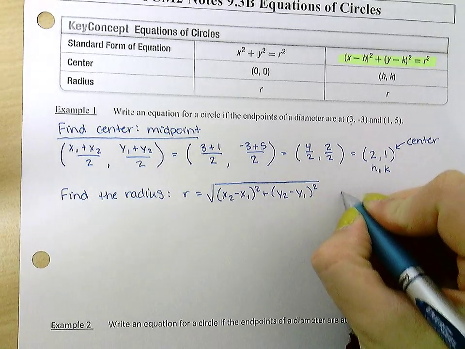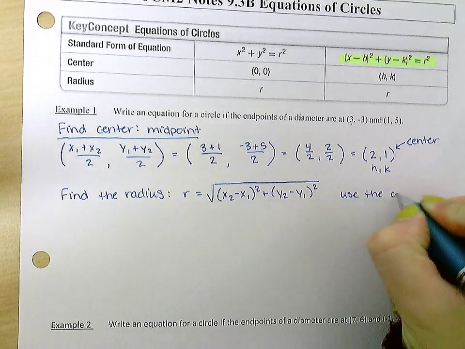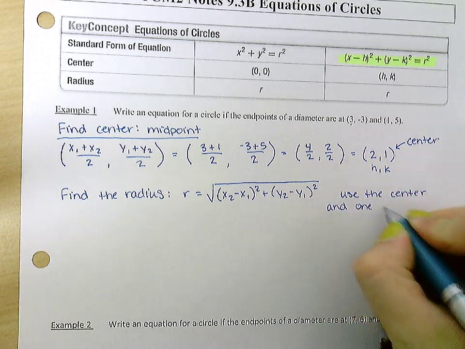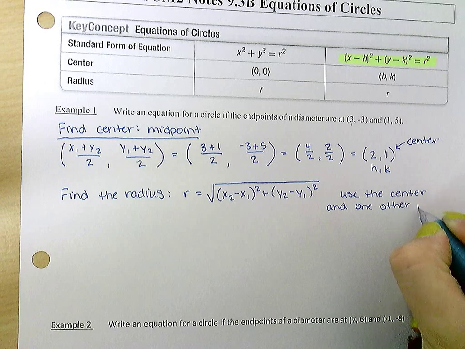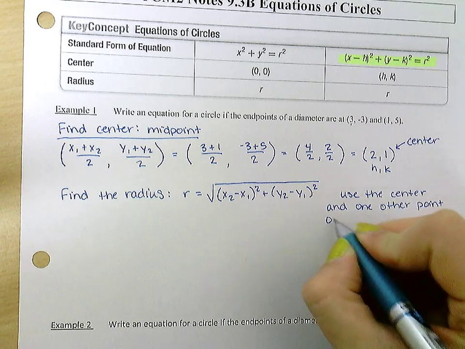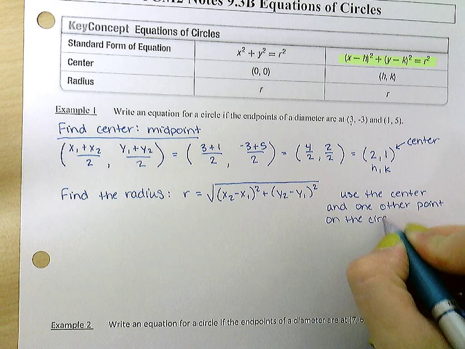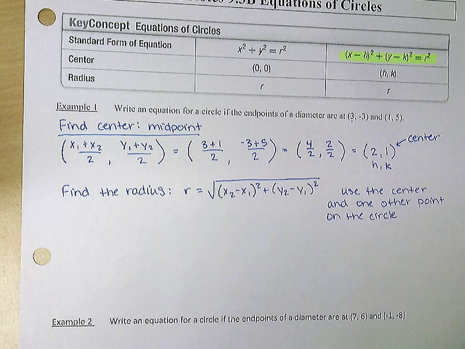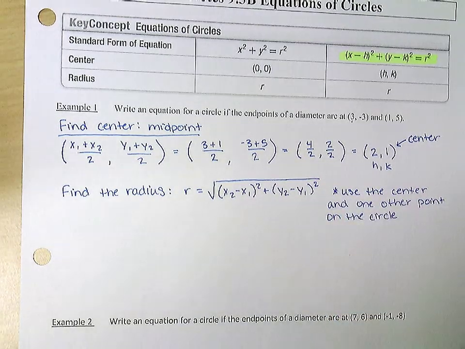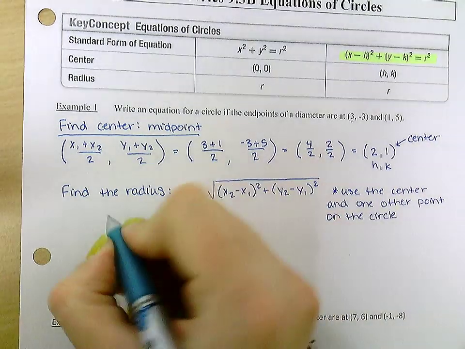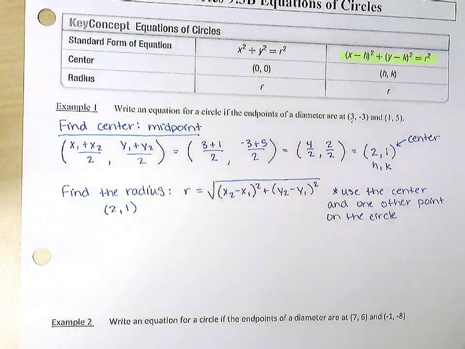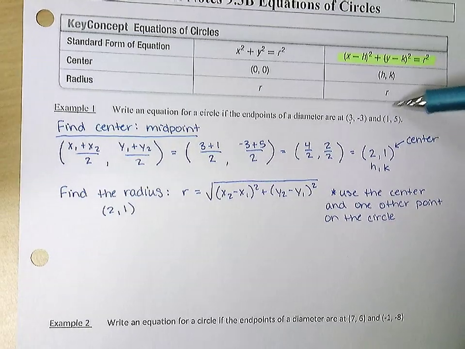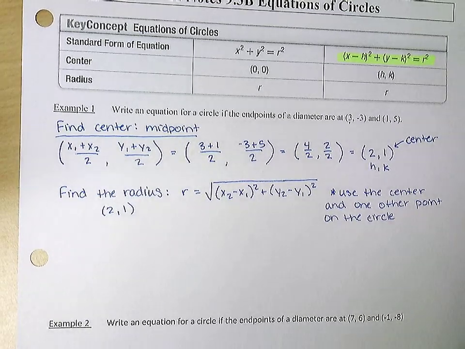So we want to use the center and one other point on the circle. I'm going to use for sure (2, 1), and then I can pick one of these 2 points. It doesn't matter which one you use. So I'm just going to choose (1, 5).